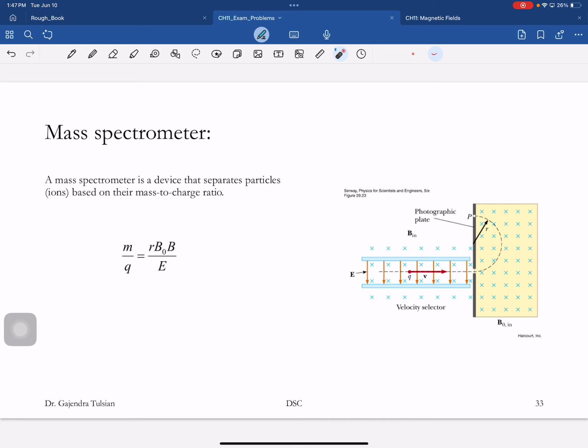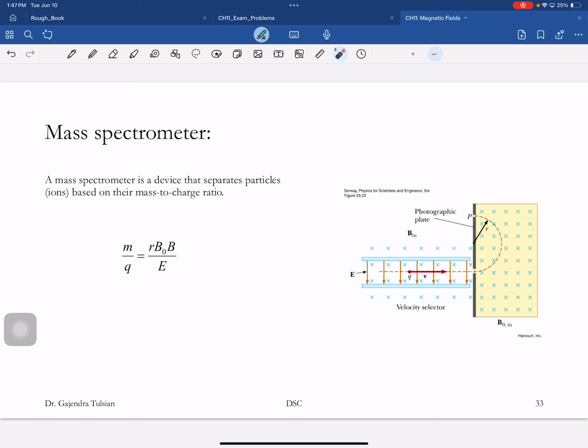So oxygen 16 will hit here, 18 will go on a bigger circle. And they want you to find the difference in those two spots. What you're looking for is the brightness of the spots. The brighter the spot, the more of that oxygen there is.